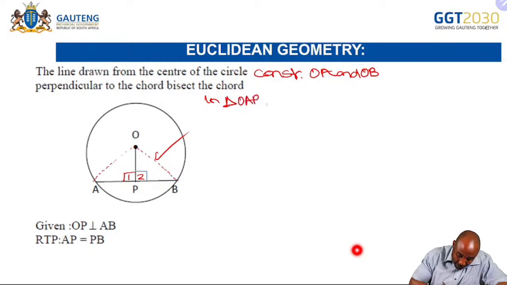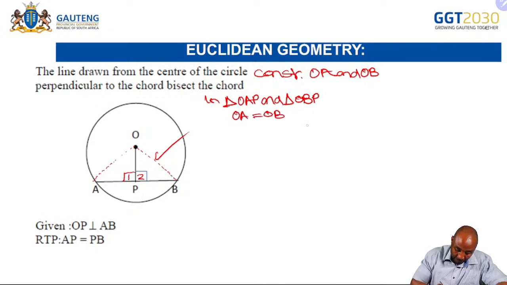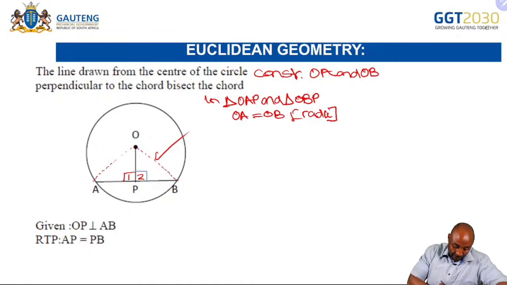In triangle OAP and triangle OBP, you will find out that you write a statement concerning triangle OAP, you equate it to a similar, equivalent statement in triangle OBP. So I'll say OA is equal to OB because these are radii, two radiuses.